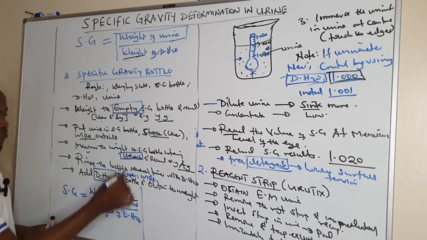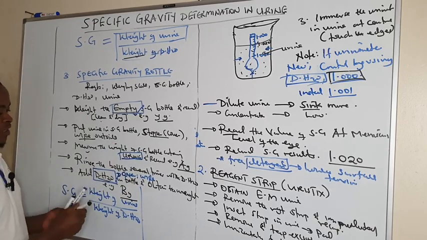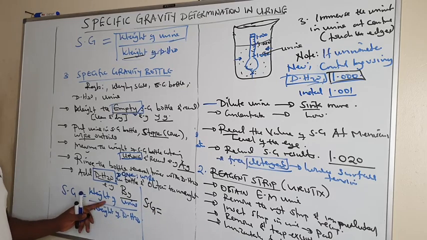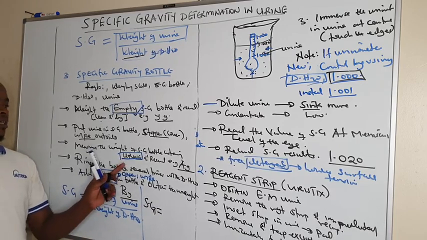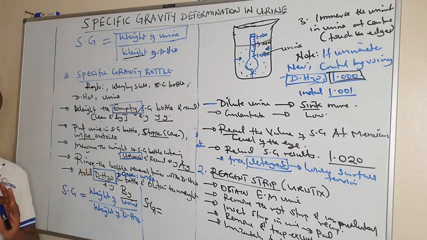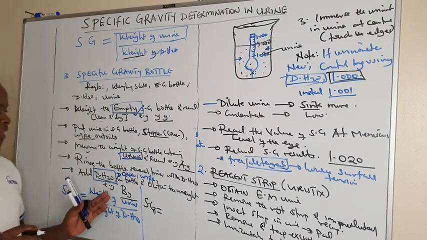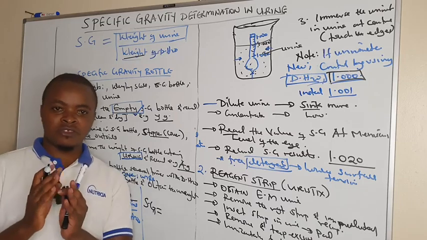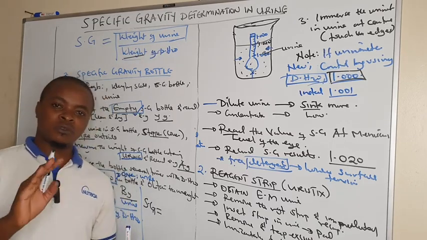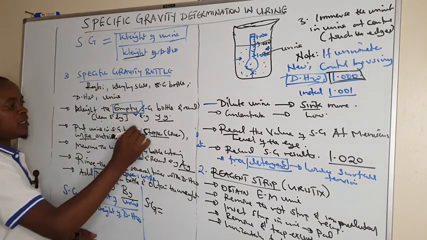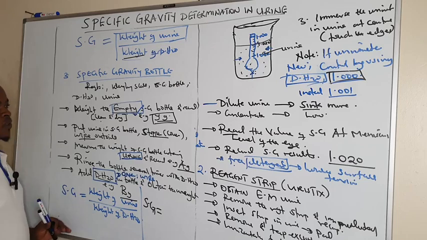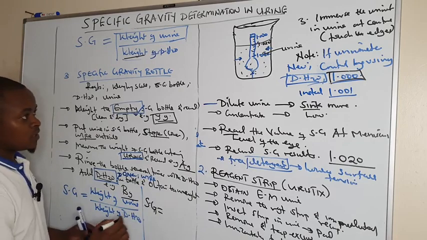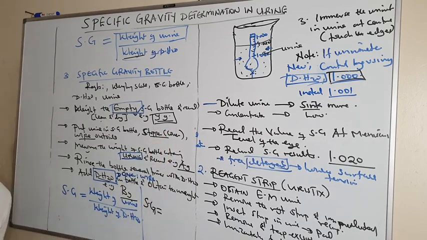To get the weight of urine, you have to get the weight of the bottle with urine, then you subtract the empty. And to get the weight of distilled water, you get the weight of the bottle with distilled water, then you subtract the one of the empty. And we have seen that the weight of the empty is y.